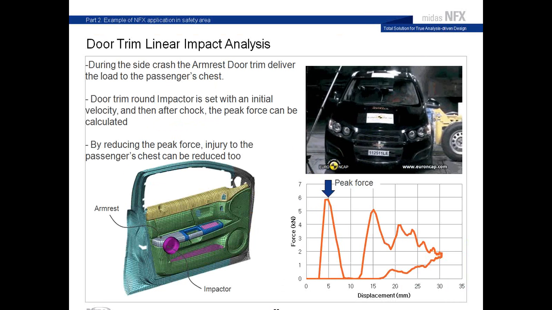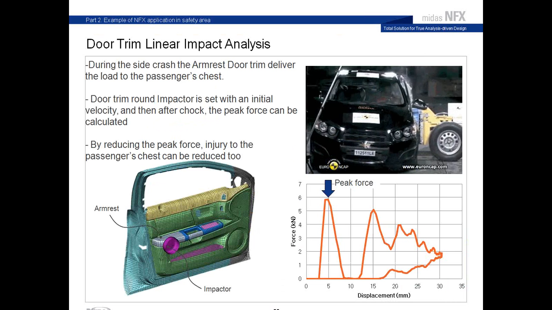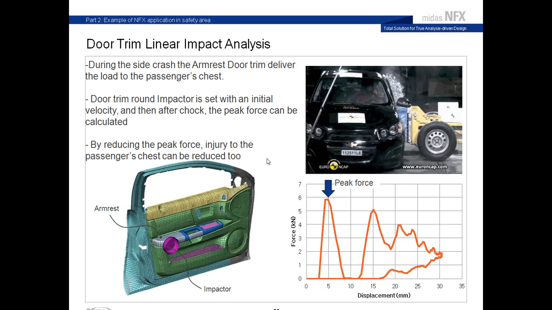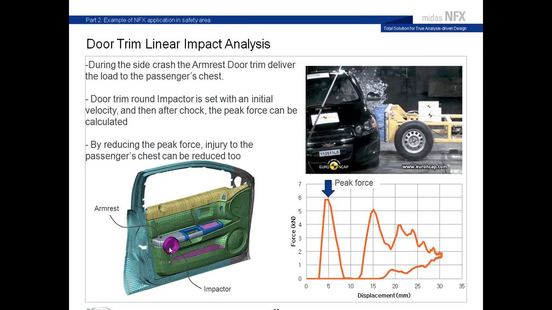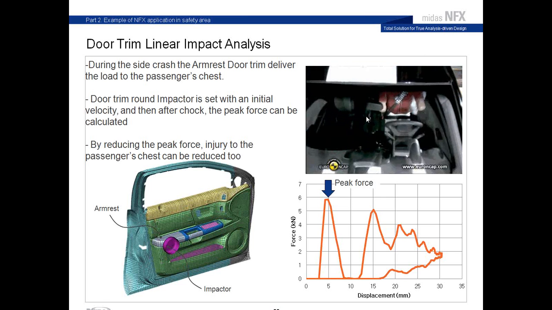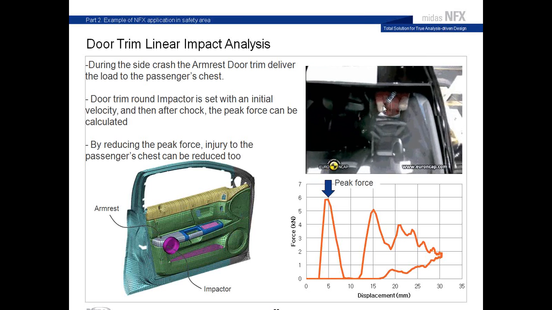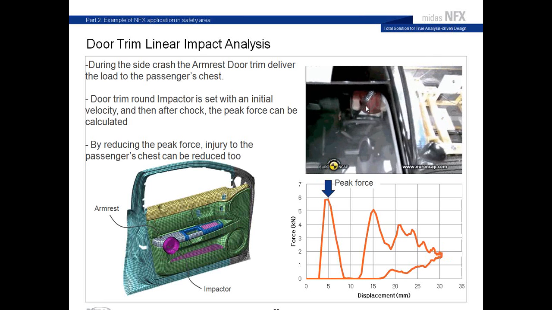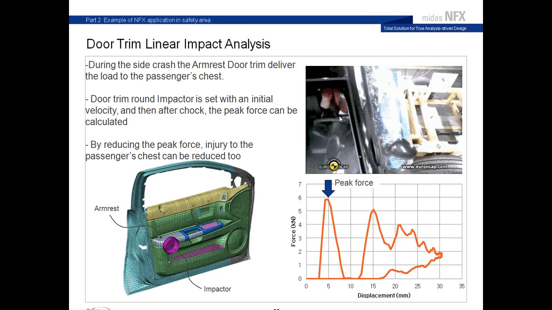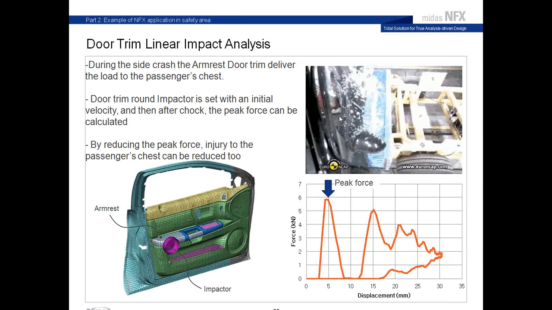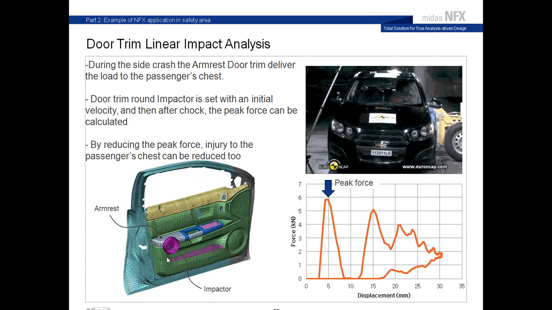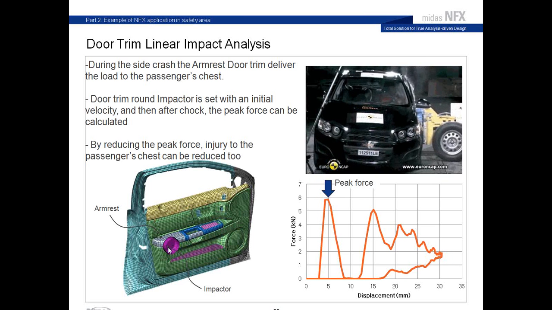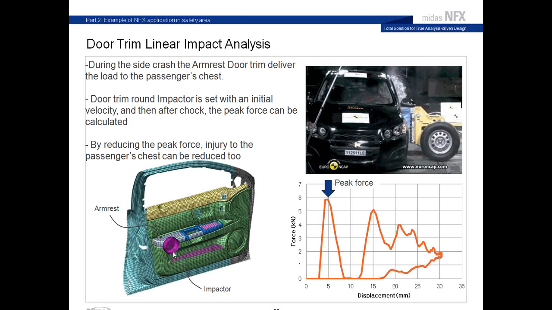Now another kind is the door trim linear impact analysis. In this kind of analysis, when there's an impact outside the car, the passenger inside will be impacted against the door. So we model the door and the armrest here, and there's an impactor model.